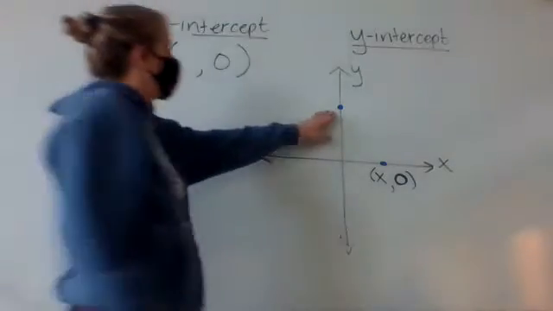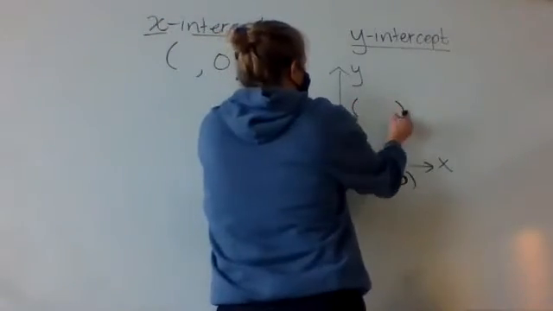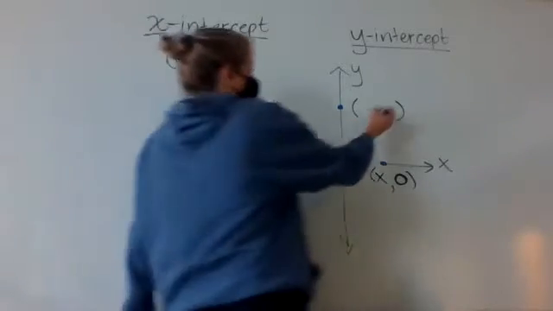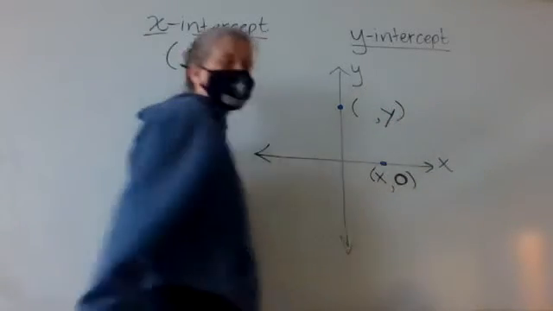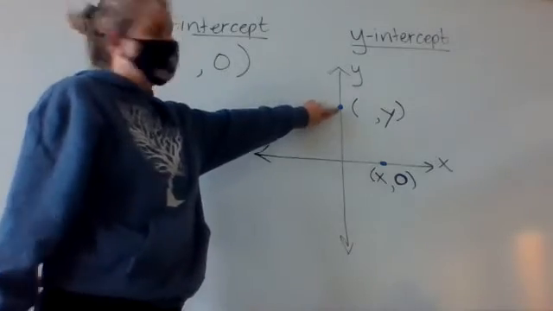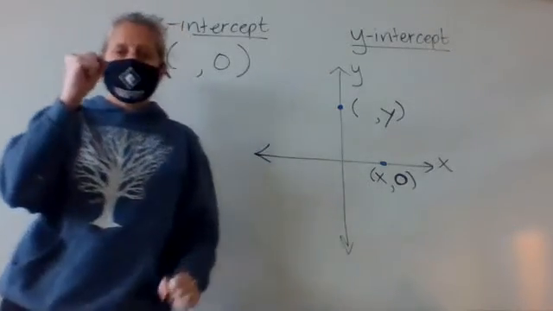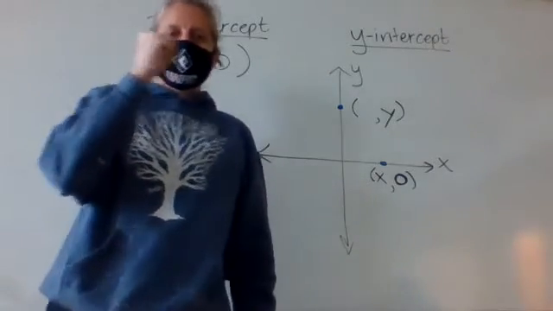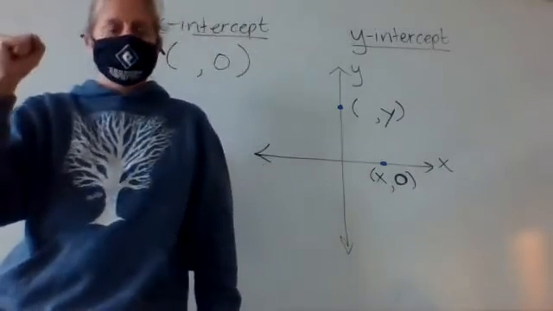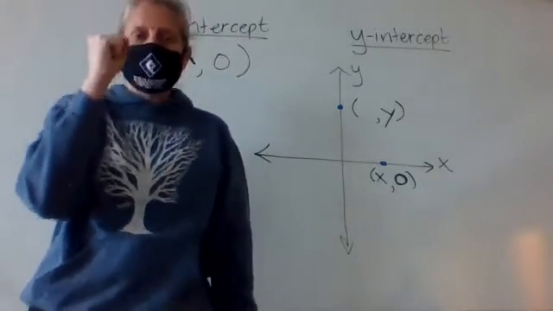Same thing for the y-intercept. What's the one thing in common that all y-intercepts have? There's going to be a number in your y spot. But how do you lie on the y-axis? What does that mean? That point hasn't gone left or right. That's why it's still on the y-axis.